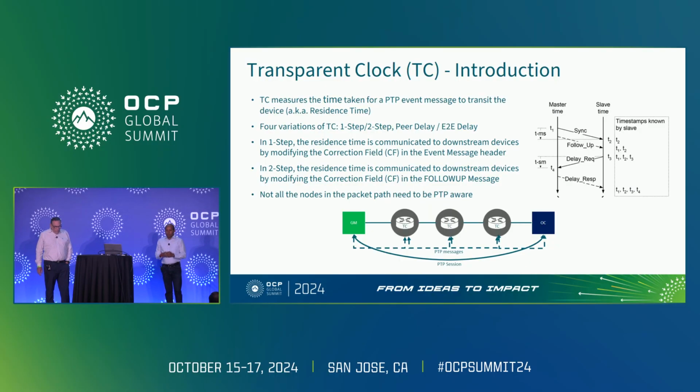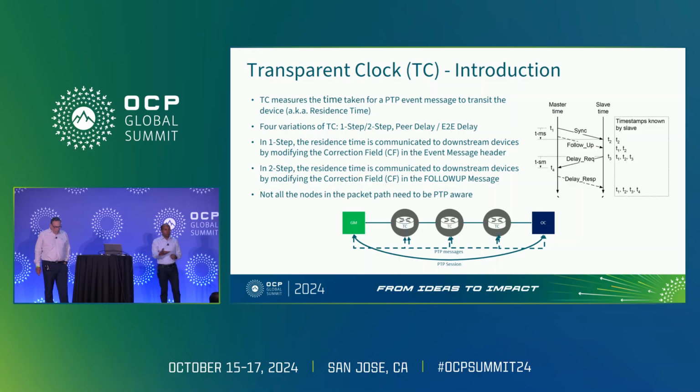So, when it comes to TC, which stands for transparent clock, it is a very lightweight kind of time synchronization that can be enabled. It is easy to achieve because it can go through network nodes that are not P2P aware, right. Typically, the endpoints synchronize directly with the grandmaster, and that means the grandmaster needs to scale to support all the endpoints.